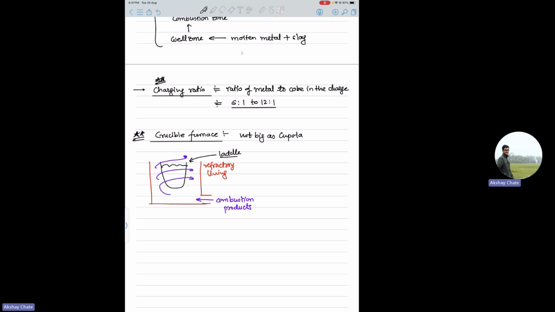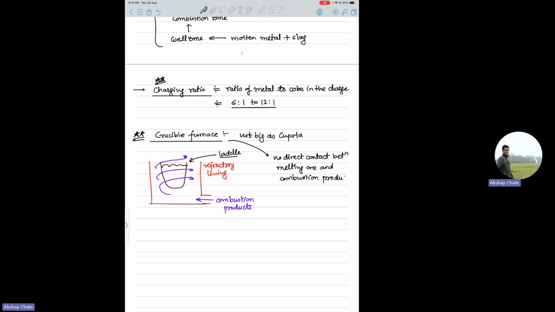So, no direct contact between the melting ore and the combustion products.